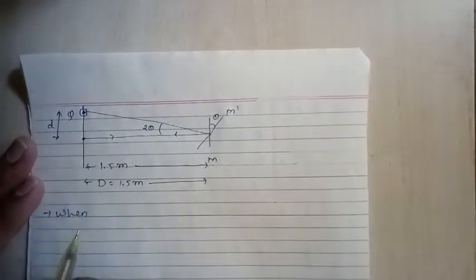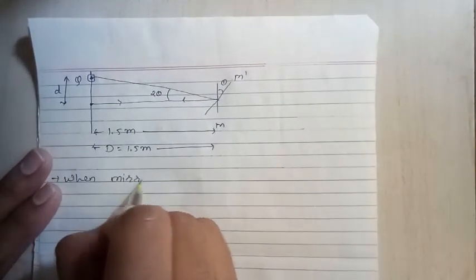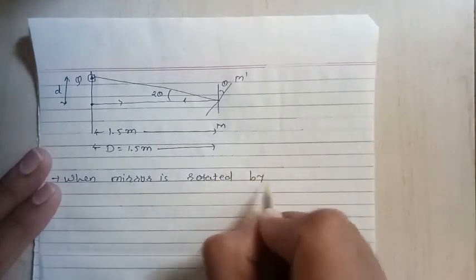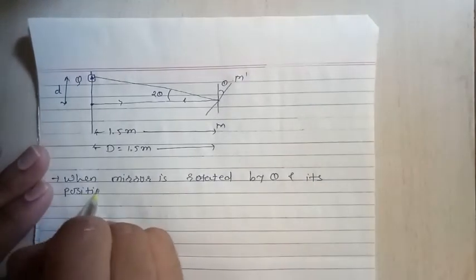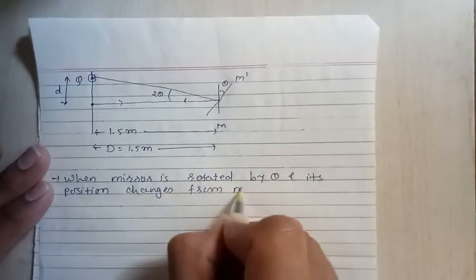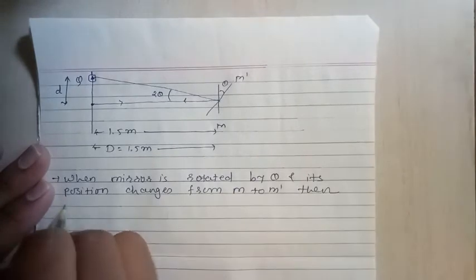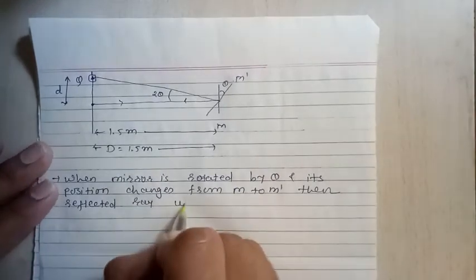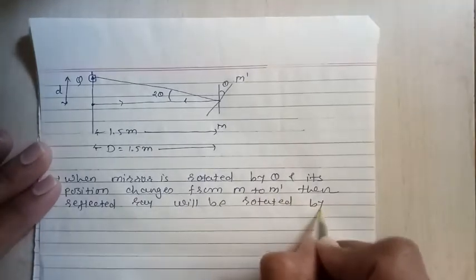So we can write this sentence, and you have to remember it: when the mirror is rotated by theta and its position changes from M to M dash, then the reflected ray will be rotated by an angle 2 theta.